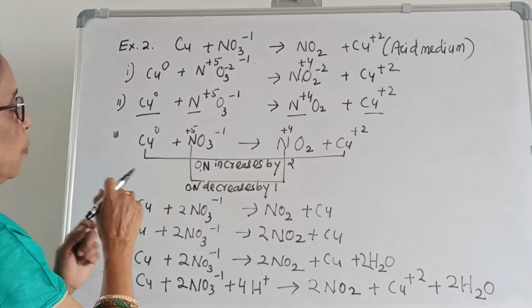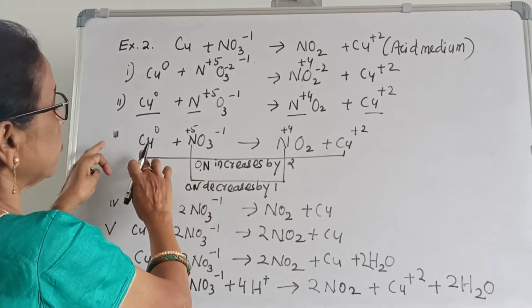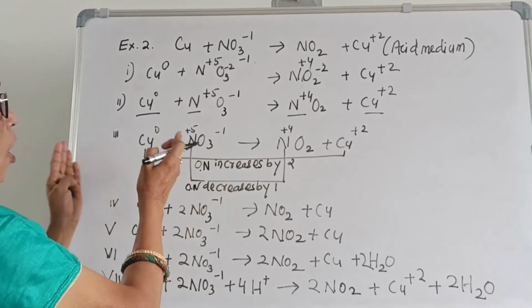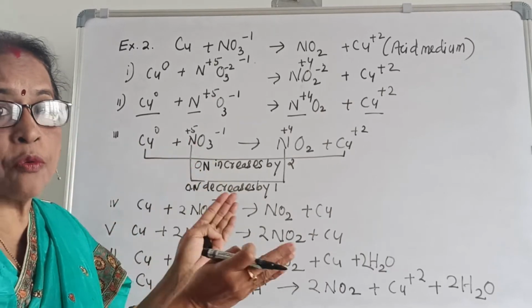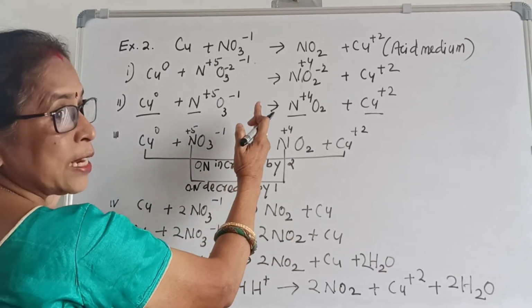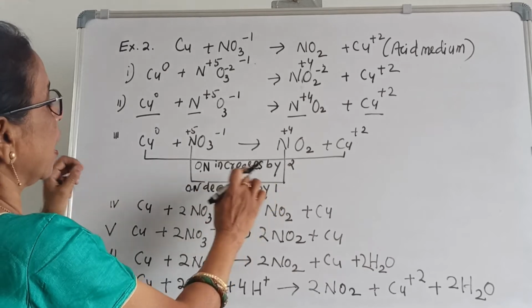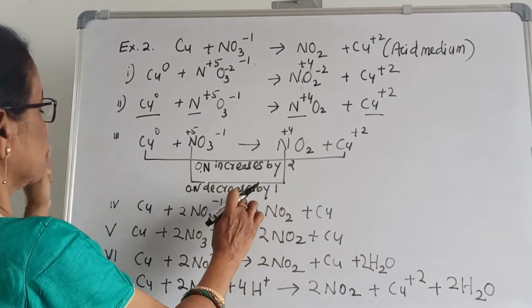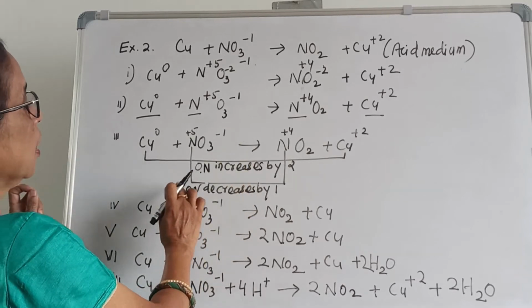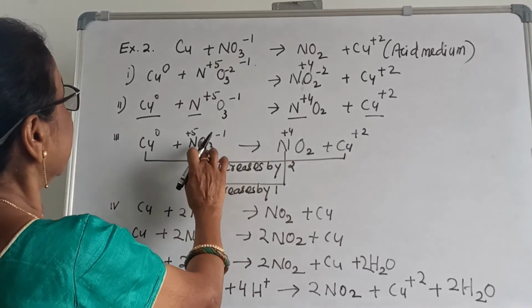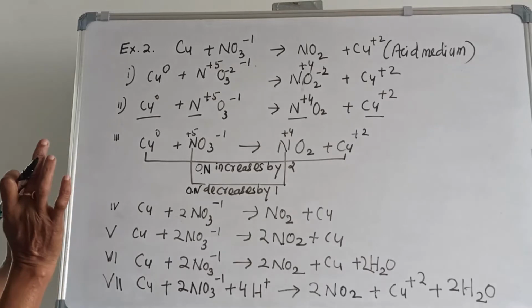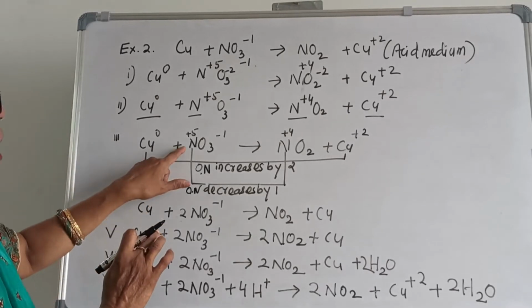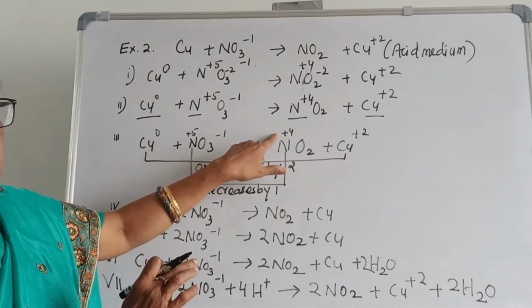I also told before that you should equate the oxidation number on the reactant side. That is why, since the oxidation number decreases by 1, what to do here, that is NO3 minus 1. Now you can observe here N plus 5 changes to plus 4.